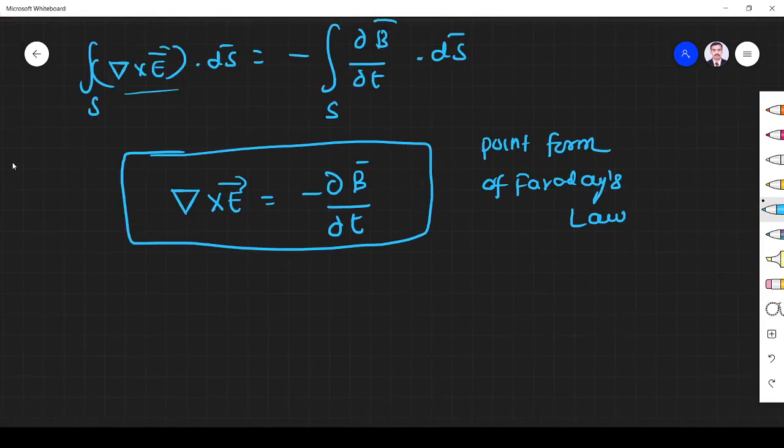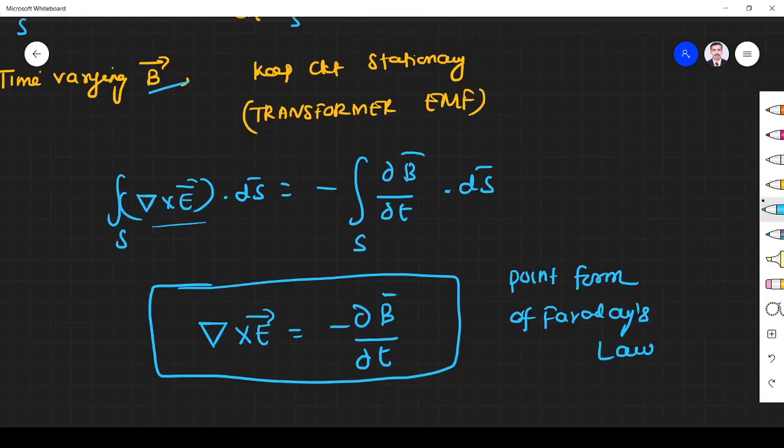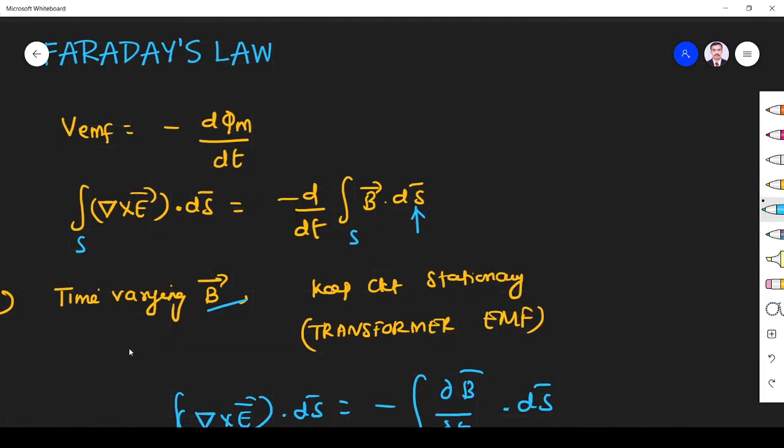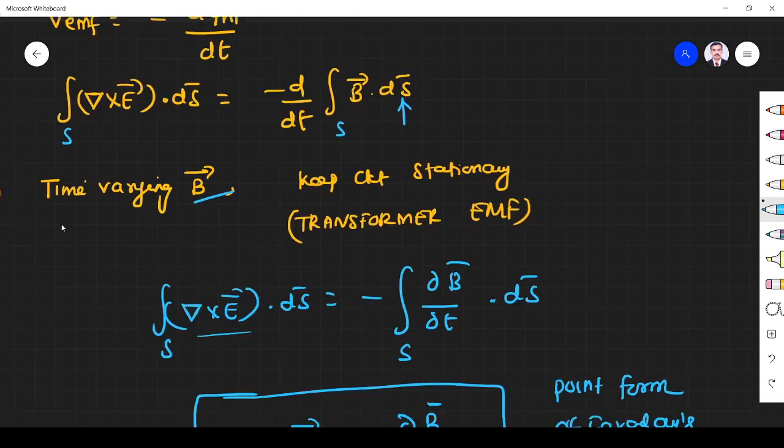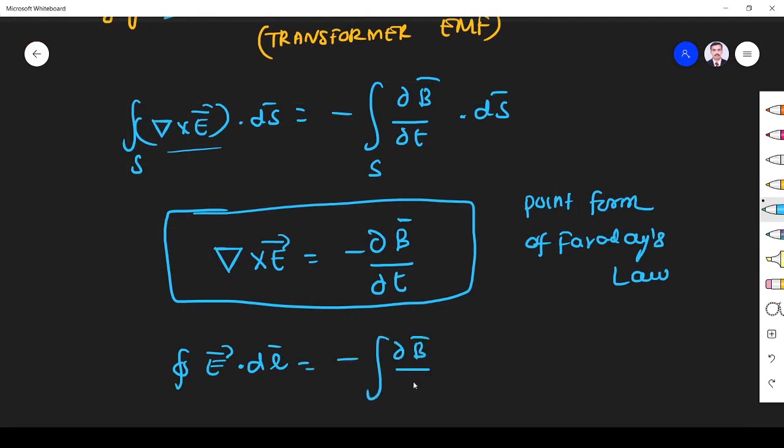Why is it an important equation? Let us see the important aspects of this equation. But first, let us derive the integral form. We have del cross E is equal to minus dou B by dou t. Before that, we have seen that the surface integral of del cross E dot ds can be written as the closed integral of E dot dl, that is equal to minus the surface integral of dou B by dou t dot ds.